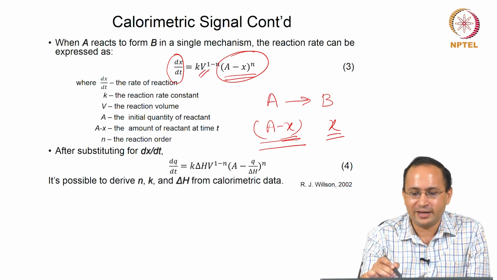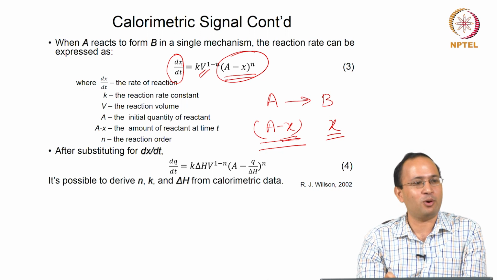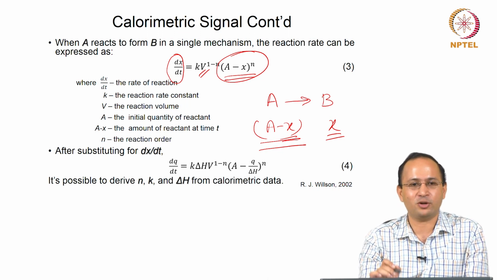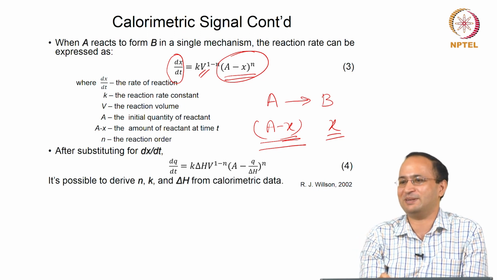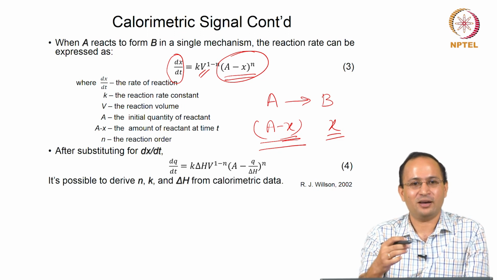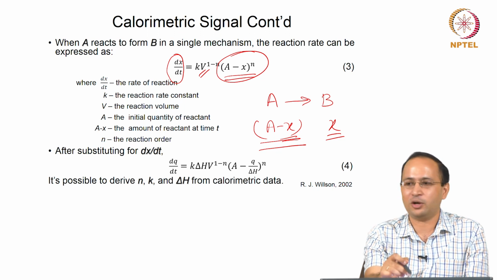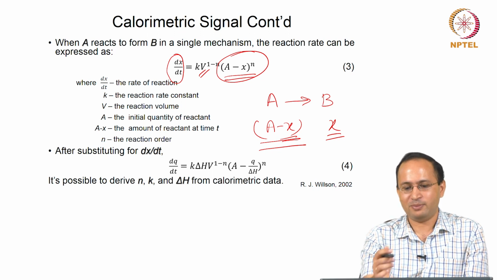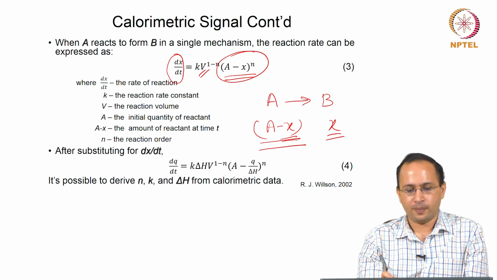Remember you have V here because we are using X as an amount, in grams. Lots of times you will not see this V, because if you talk about X as concentration, meaning mass per volume, the V term gets dropped. Here, since we are talking about amount, you have this V term, but it is basically the same expression.